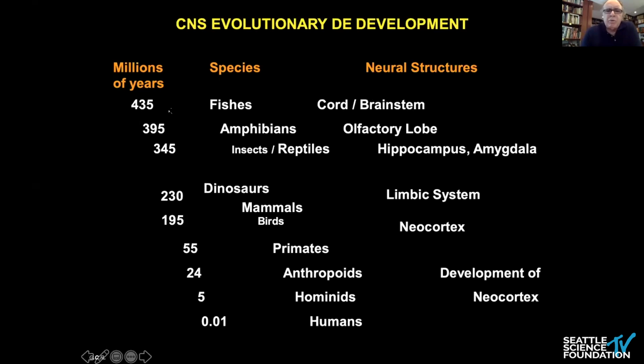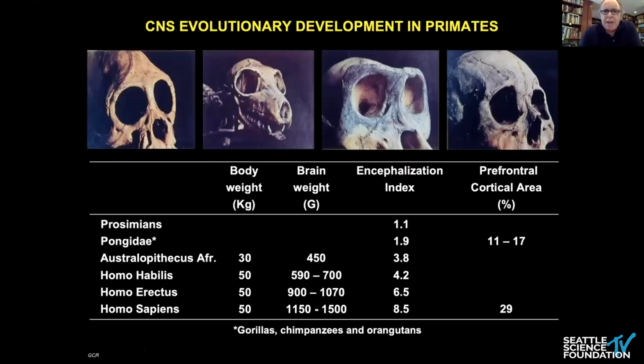Throughout all this evolution, more complex neural structures were progressively developed. And in primates particularly, other than the increase of the brain as a whole, there was a bigger increase of the prefrontal areas, as you can see here.